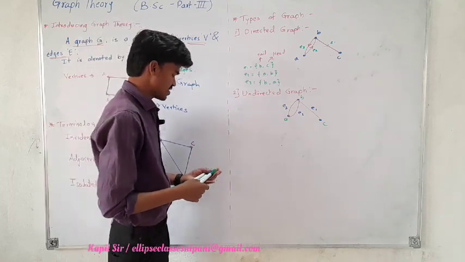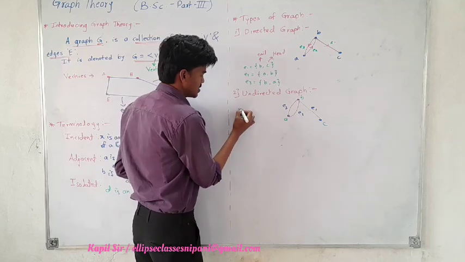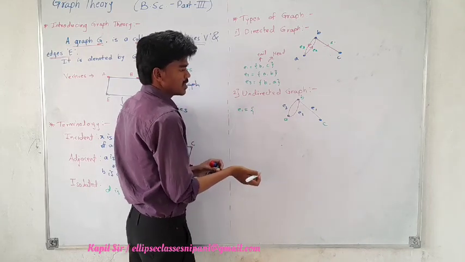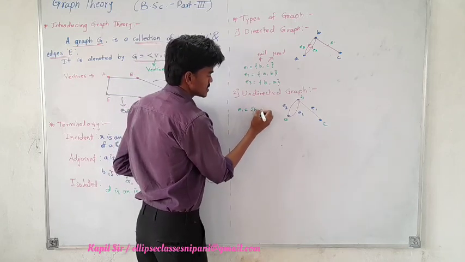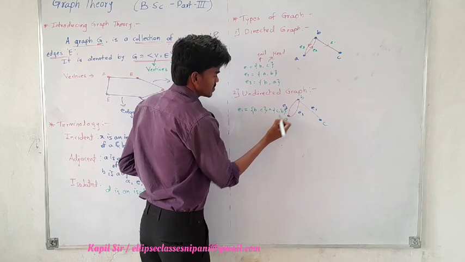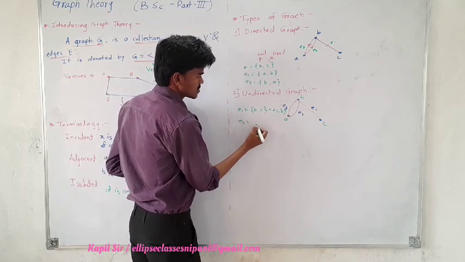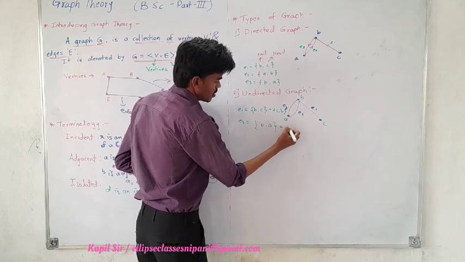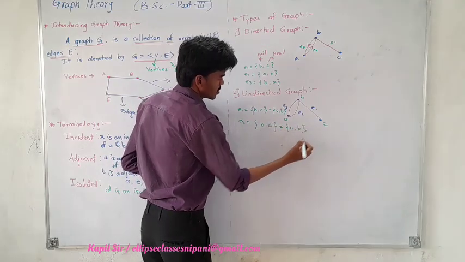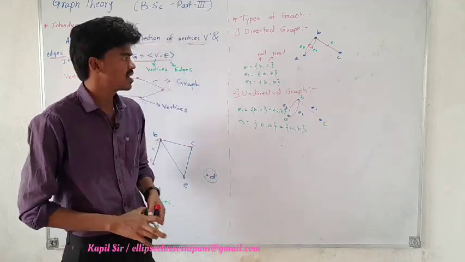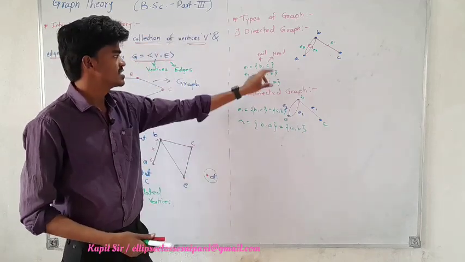There is no tail or head; you can write B or C, or C or B. E2 is B or A, or A or B. There is no limitation because this graph is undirected. I hope you are clear on both these concepts.